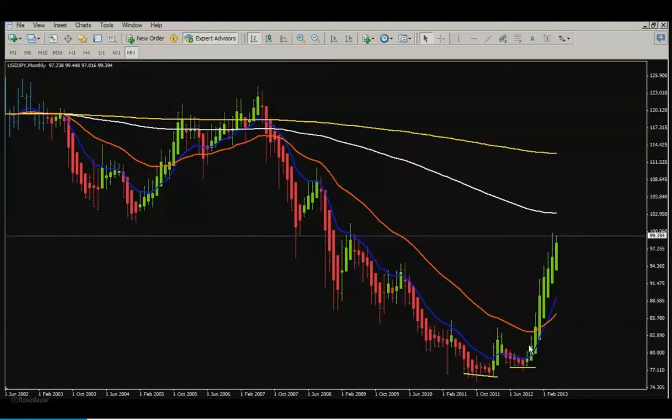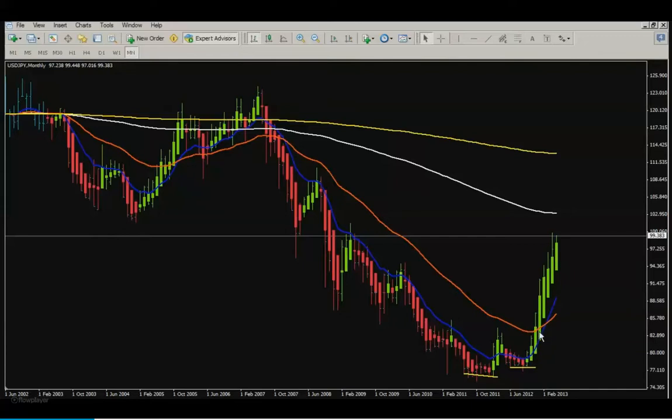And then you see the price breaks the 36 EMA, your guide, and there are more and even more green candles on the monthly chart. 1 2 3 4 5 6 already broke the 36 EMA, and it's always moving higher.